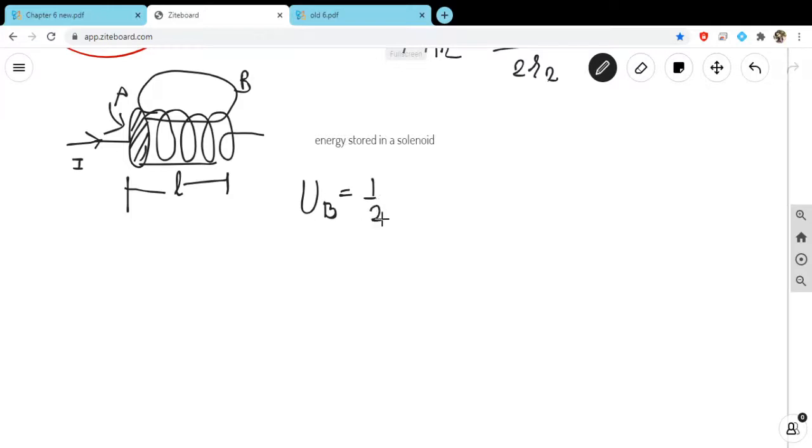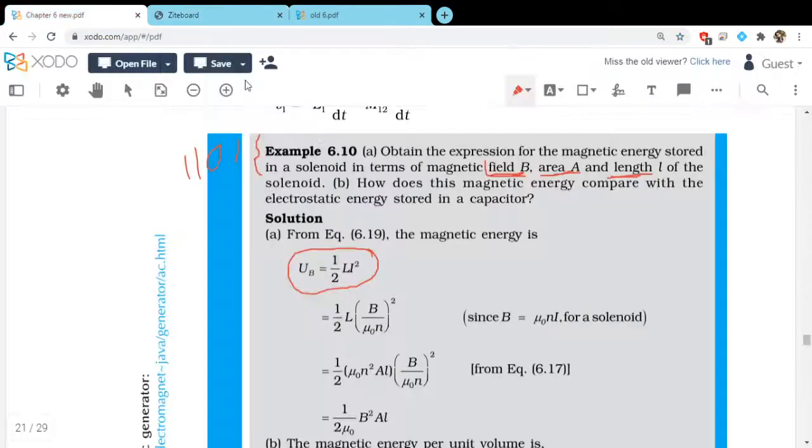We have derived this equation during our discussion of the energy in a solenoid inductor, okay. So energy in a solenoid or energy in an inductor will be this equation. Okay, so we have to just find the energy stored in a solenoid in terms of field B, area A, and length L.